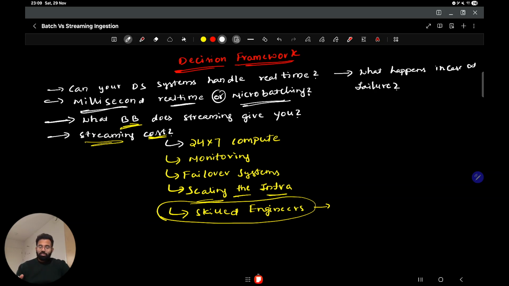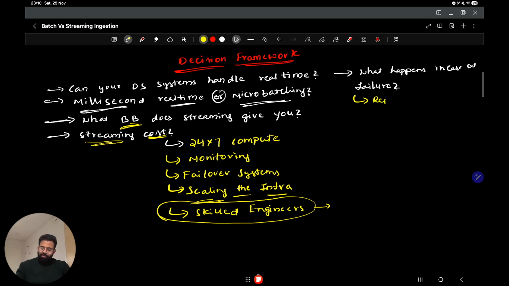In batch ingestion, you might simply rerun the job and it's done. But in streaming, you will need a lot of strategy and need to think about a lot of things for handling failures.